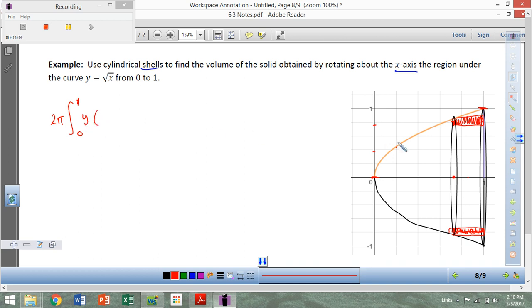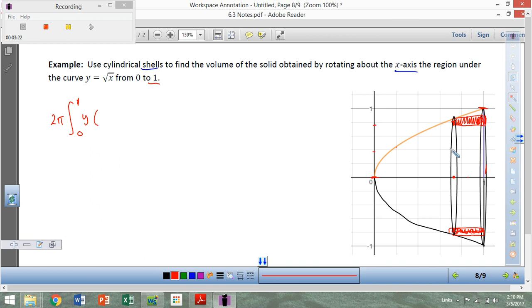The height of each shell, in this case, is going to be, so here is the right part of my rectangle of each one of these, determined by the line x equals 1, right? So that's always going to be the height.